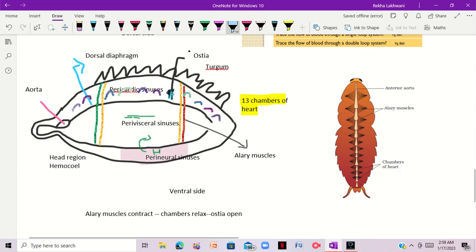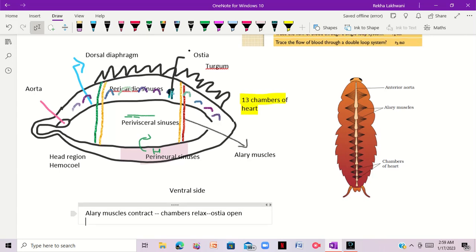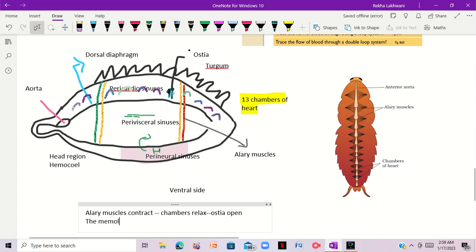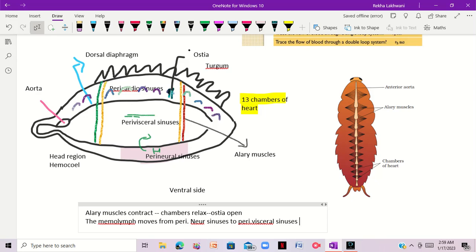As you have seen the flow of this hemolymph, it moves from the perineural sinus to the perivisceral sinus and then to the pericardial sinus, right?